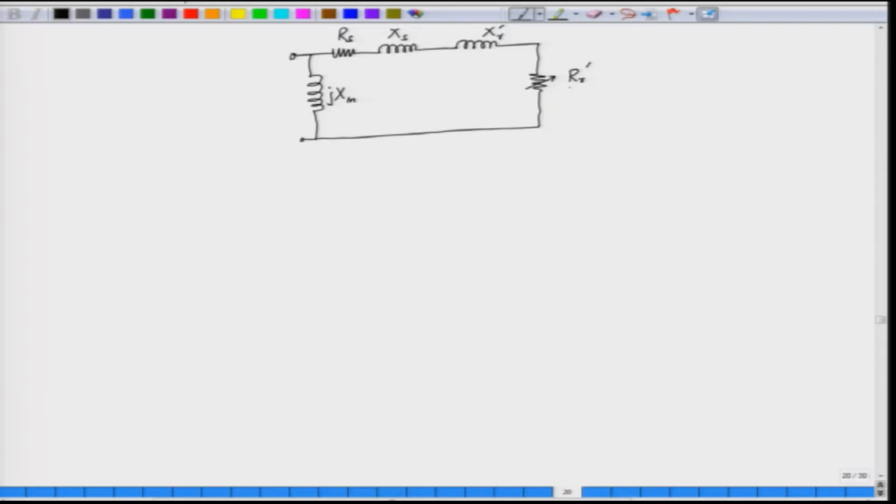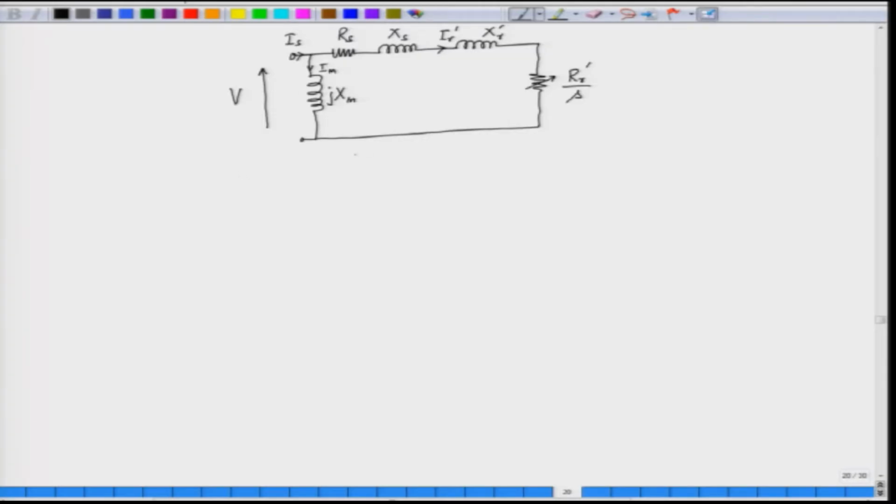the resistance of the rotor referred from the primary side divided by the slip, and here we apply the voltage, the per phase AC voltage. The input current here is Is. The current which flows through the rotor is called Ir prime, and the current which flows through the magnetizing branch is Im.